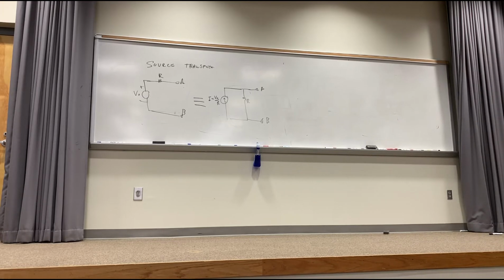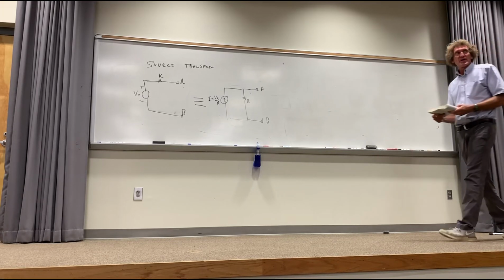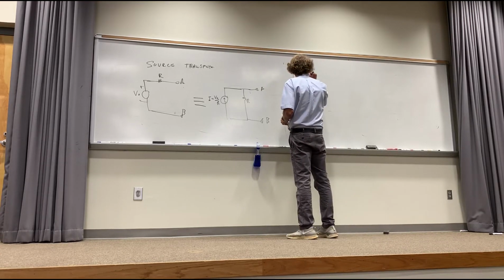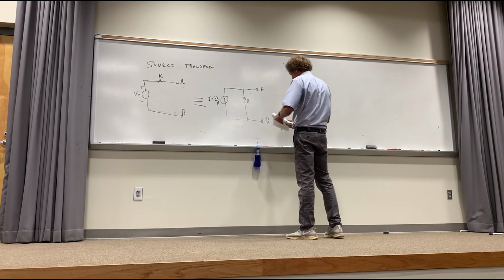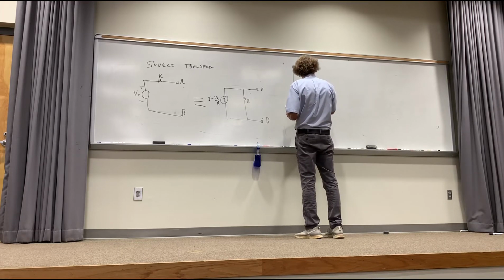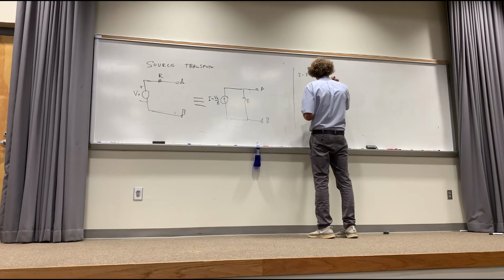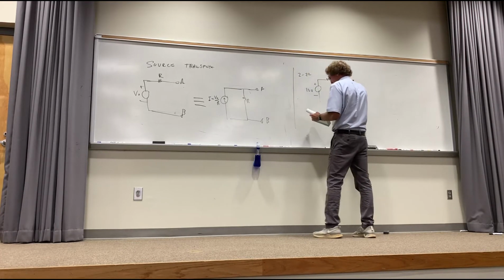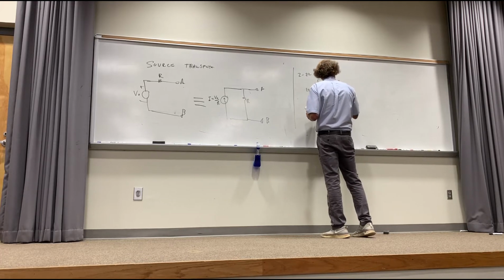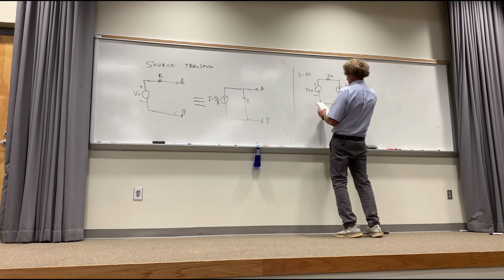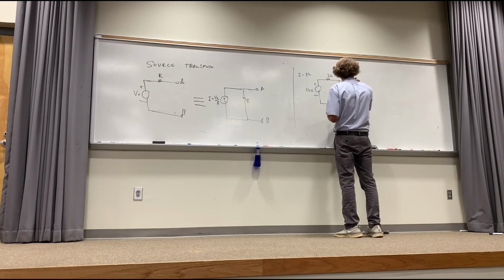Now, I'm going to show you how come that's so powerful and useful, so you'll appreciate it. I'm going to do problem 272. Please pay attention to this. For this problem, I have a voltage here, 12 volts. I have 2K. I have 2 milliamps. I have 3K.